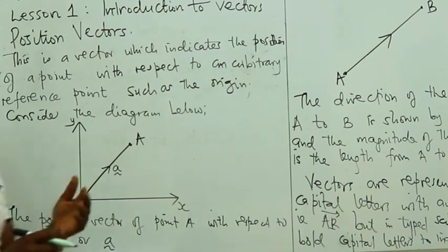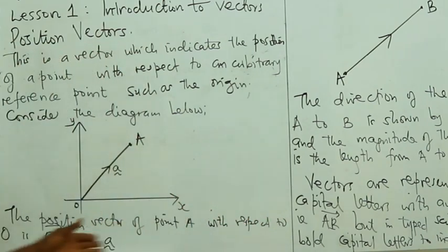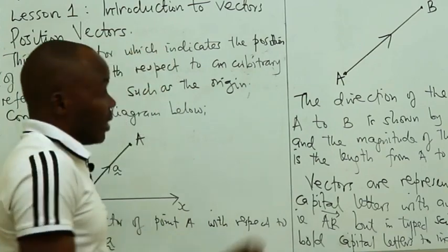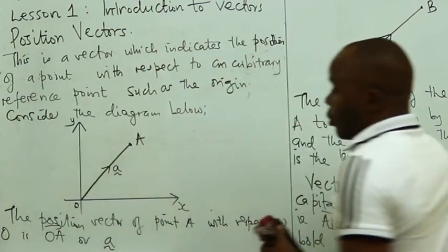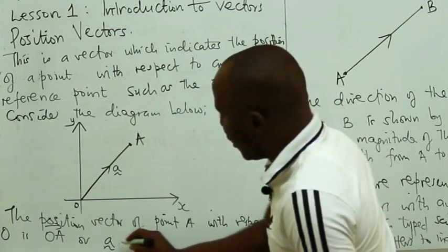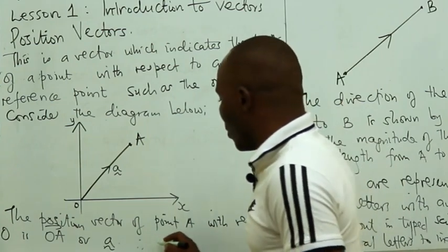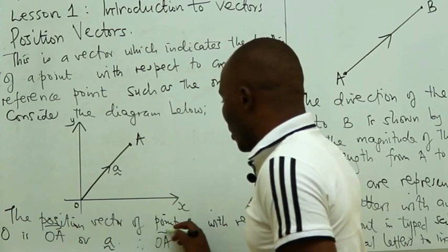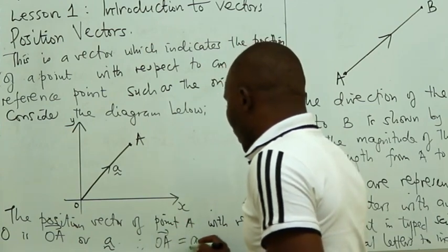So that means if we don't use two capital letters with an arrow on top, we can use small letters with a symbol below those two small letters. So we can say therefore OA is the same as A.